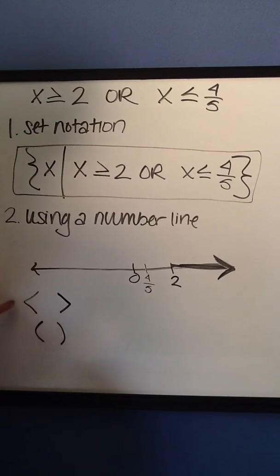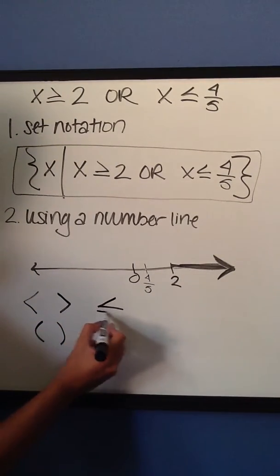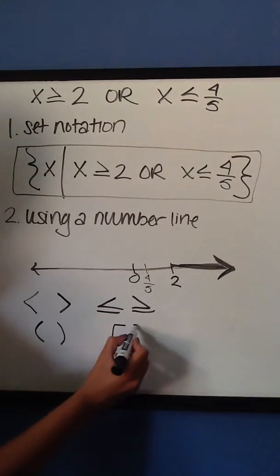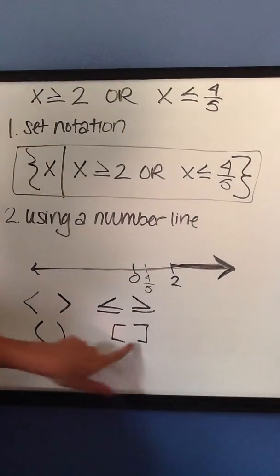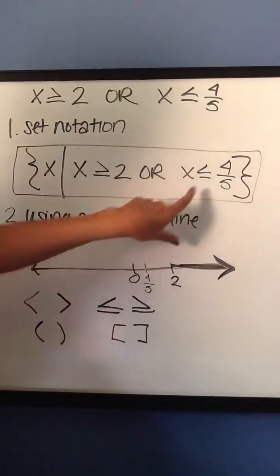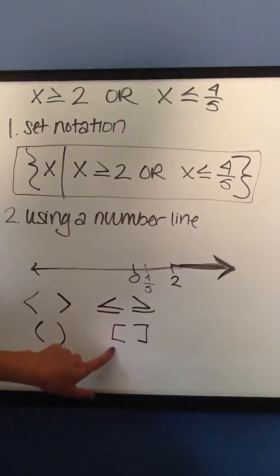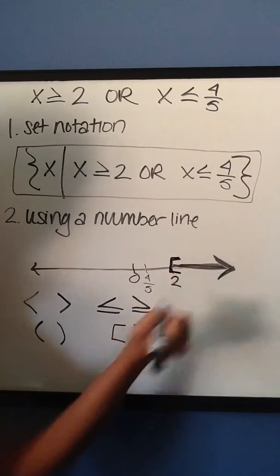If you have a less than or equal to or a greater than or equal to, you're going to use brackets. And this states that these answers are included within your solution. So in our case, we have a greater than or equal to sign, so we're going to use a bracket. You simply just bracket it off.